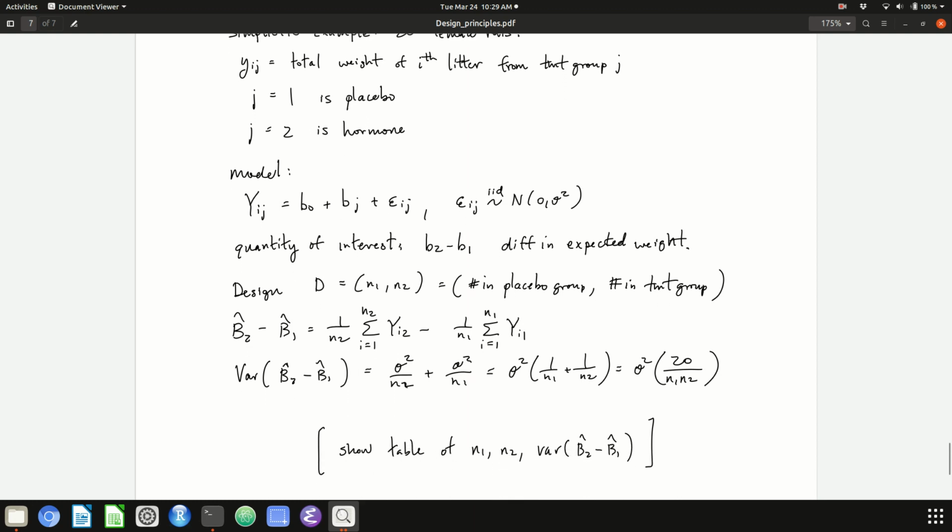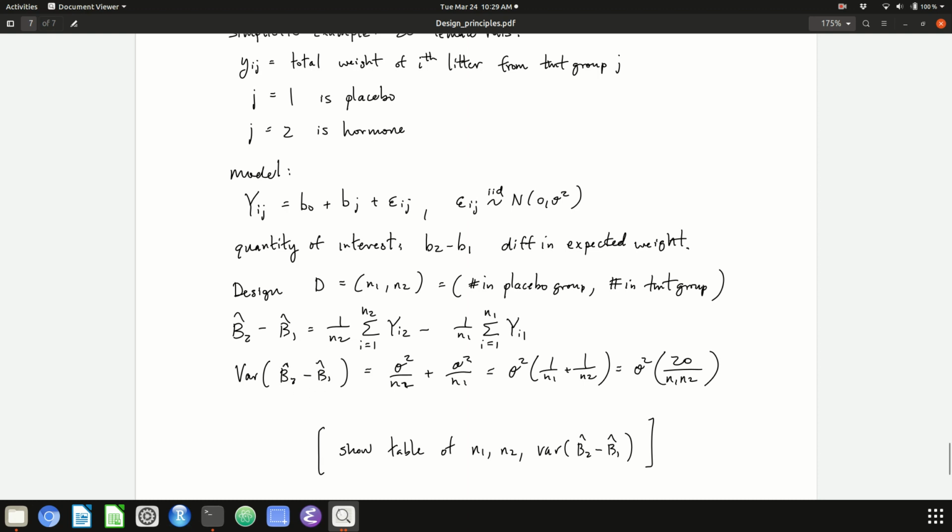It should come as no surprise that the least squares estimator of B2 minus B1 in this model is that you just take the average of the observations in the hormone group, sum y_i2 divided by n2, and subtract off the average of the observations in the placebo group. Because this has a simple form, we can just calculate the variance of this estimator.